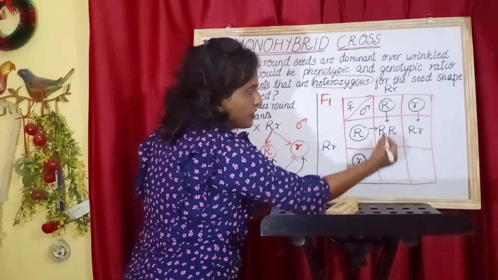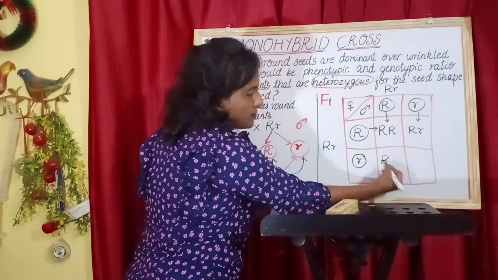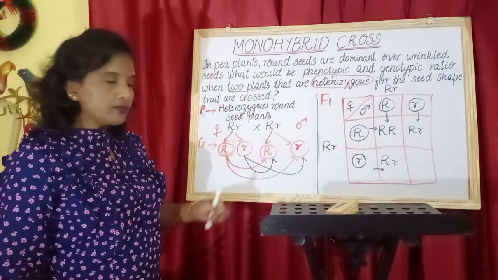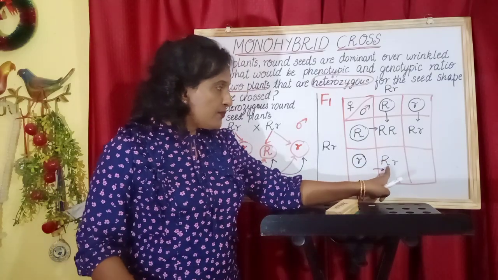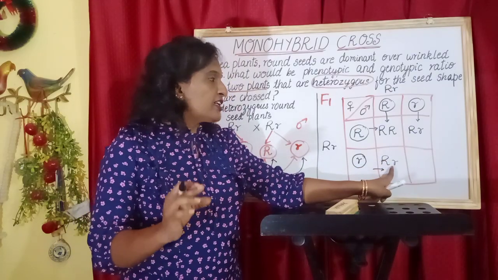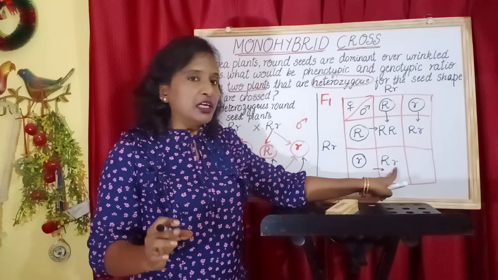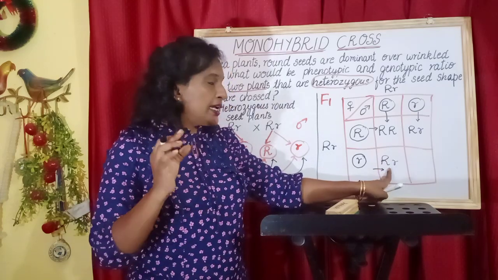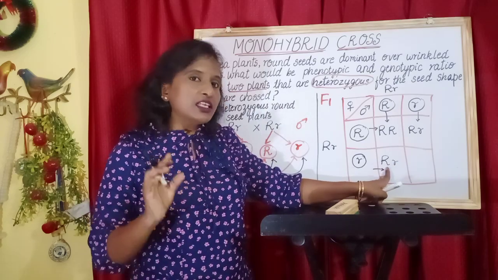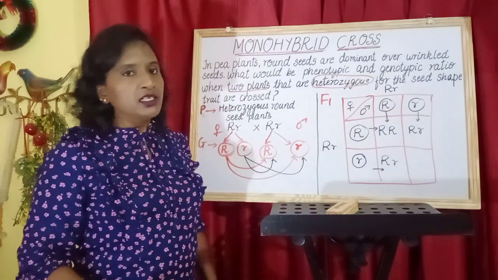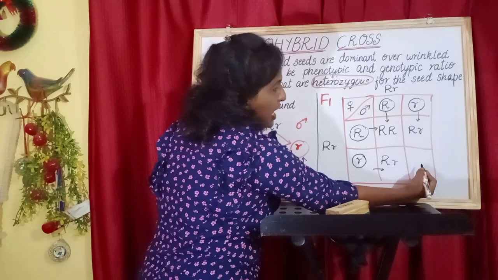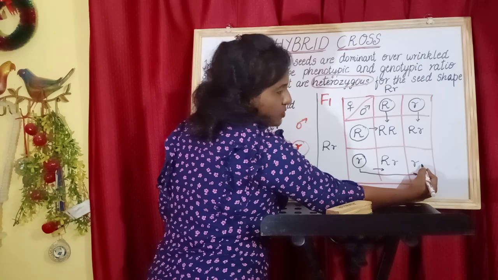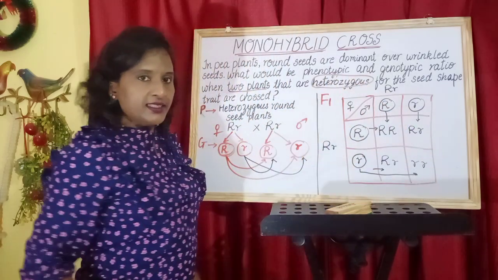Similarly here, I will write down capital R and small r. Now we should remember that whenever we write a dissimilar pair of alleles in any square, the capital letter should come first, followed by the smaller one. And the last one is small r, small r.